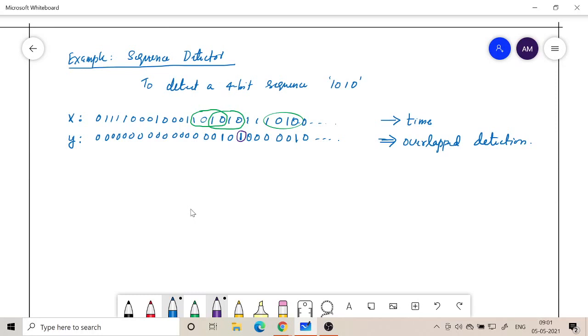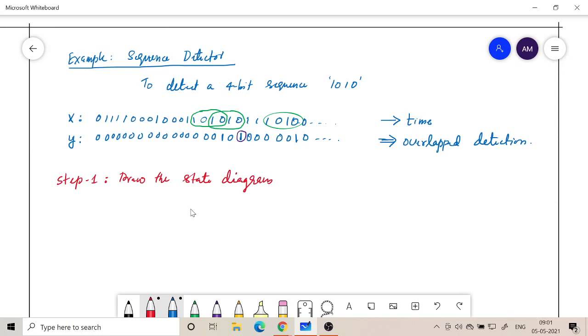Now, what is the first step in designing a sequential circuit? The first step is to draw the state diagram. So step 1: we are going to design now. Step 1 is to draw the state diagram.